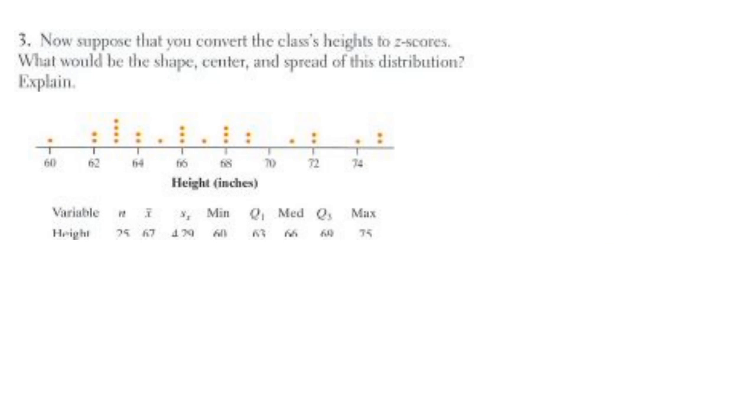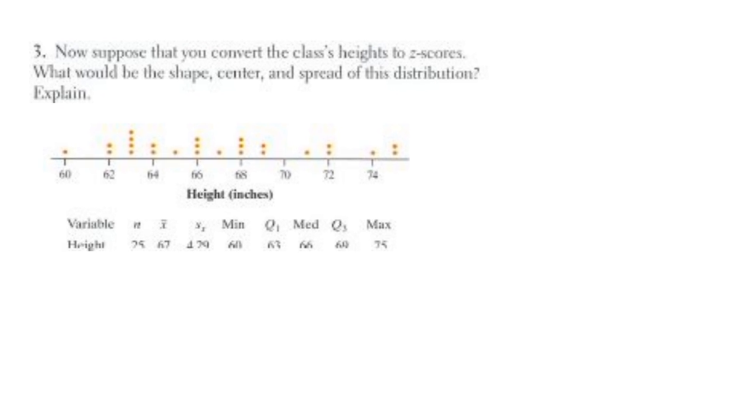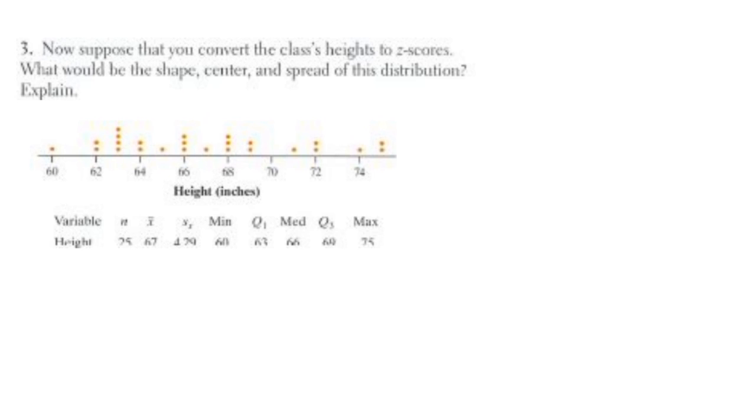Now I'm going to convert all of them into z-scores. Again, how would that affect shape, center, and spread of the distribution? Remember, to convert into a z-score, we take the data point minus the mean, divided by the standard deviation. What will happen is my center is going to shift.